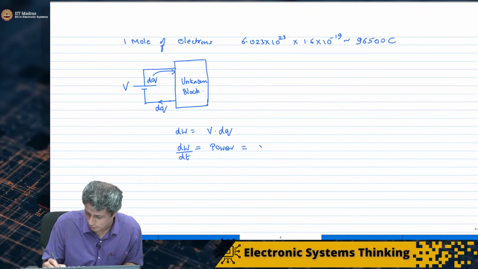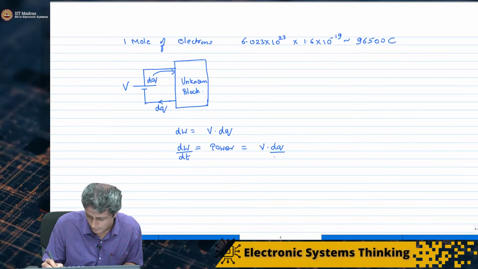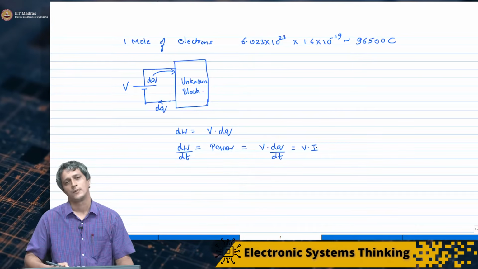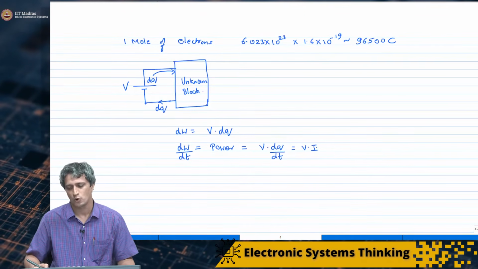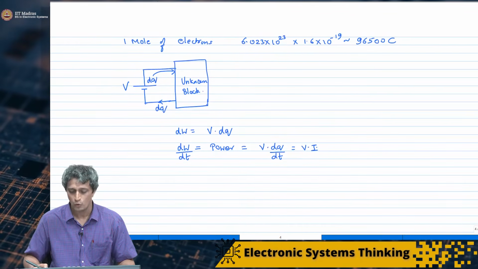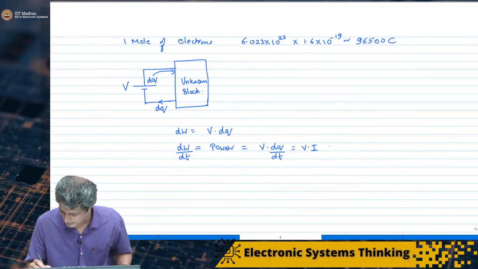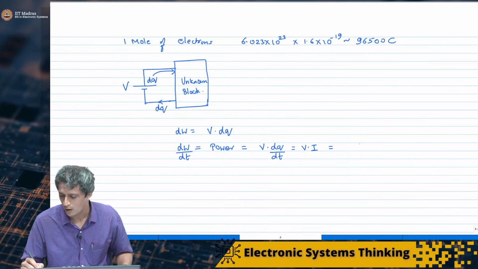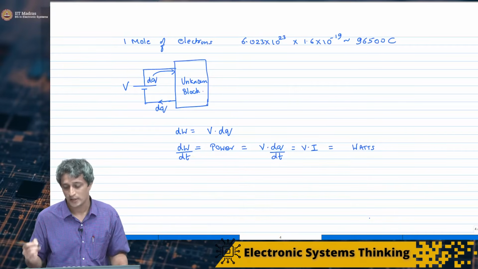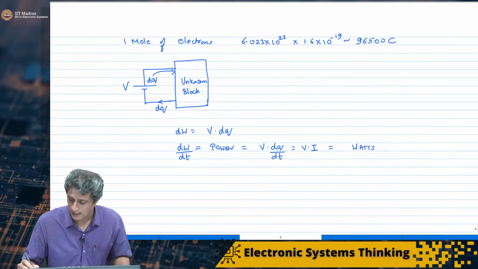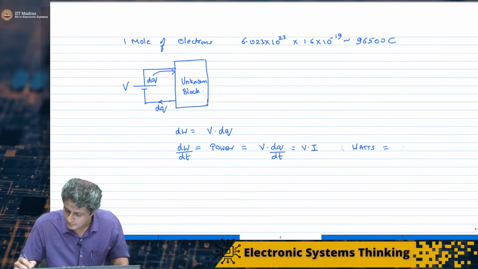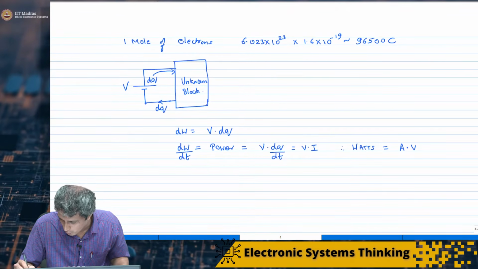And this power therefore is V into dq divided by dt, which is V into I. Again, rate of change of charge is going to give you current, and therefore V into I is going to give you power. And this is what we had called watts of power. The dimension of power was in watts, and dimensionally watts is equal to ampere into volts.